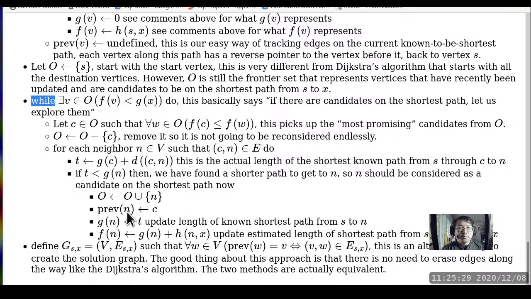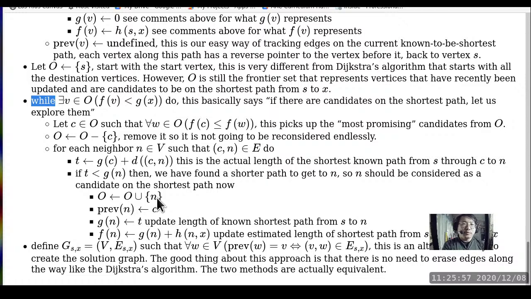I just have a previous function, which remembers how I should get to vertex n: you should get to vertex n through vertex c. That's what pref n gets c is representing. It's a backward pointer saying that in order to get to vertex n, you should use vertex c. That's what this statement is saying.